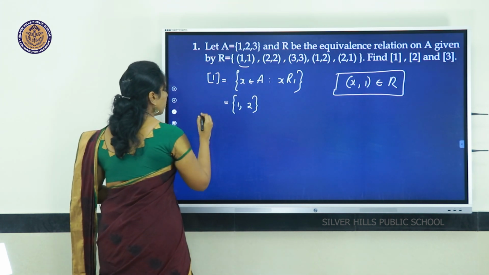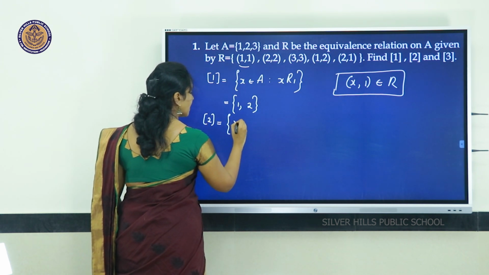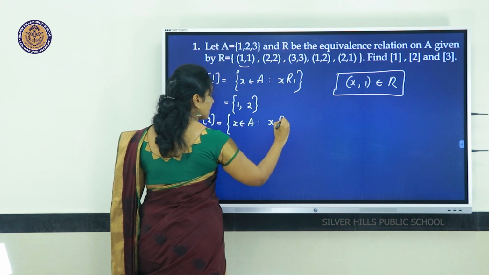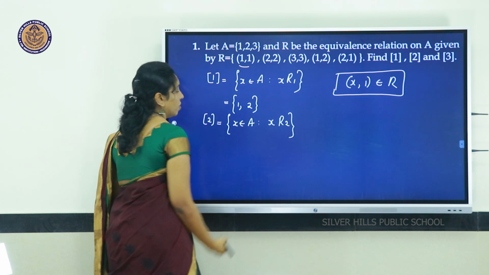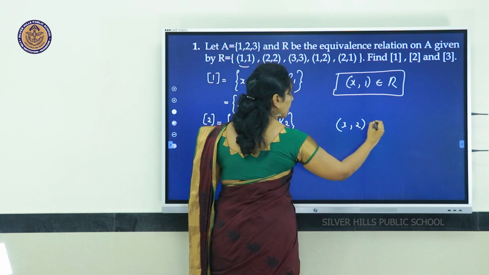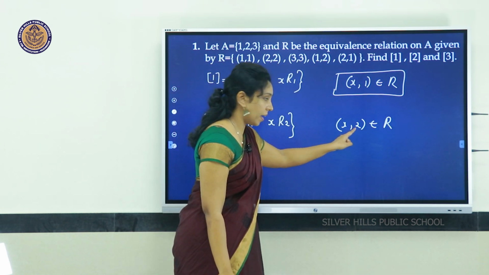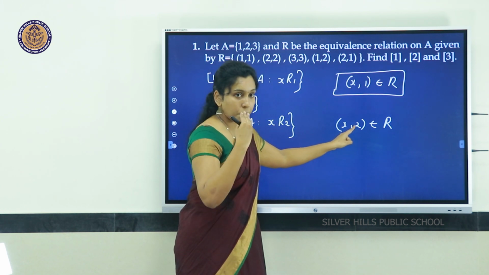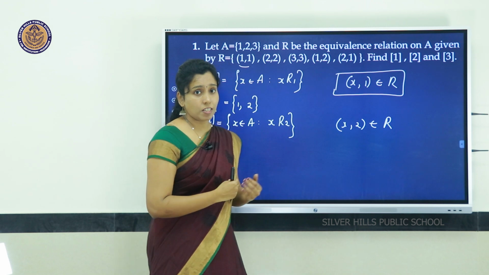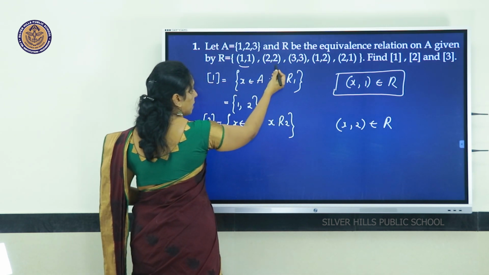Now, we will write equivalence class [2], and what is that? The set of all x in A such that by definition x is related to 2. So, what does that mean? The ordered pair (x, 2) belongs to R. So, we are going to search for a pair where 2 occupies the second place and see what x comes just before 2. Here, in this one, 2 occupies the second place.